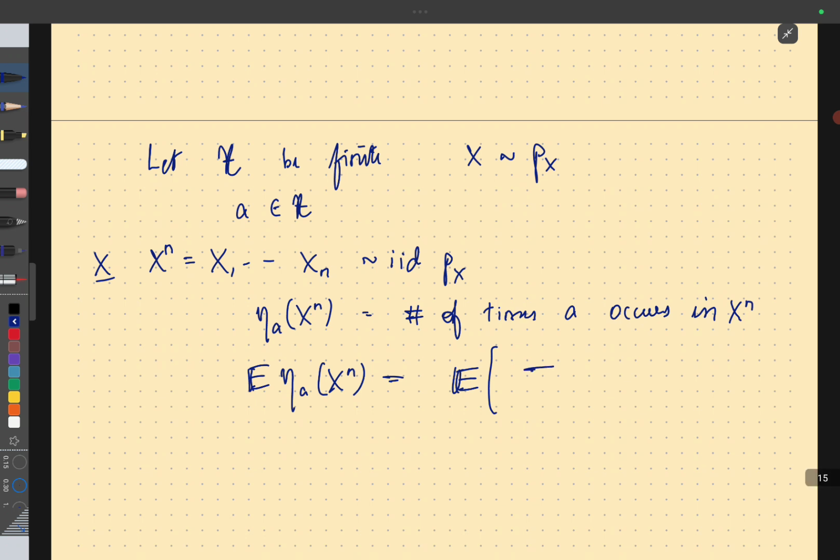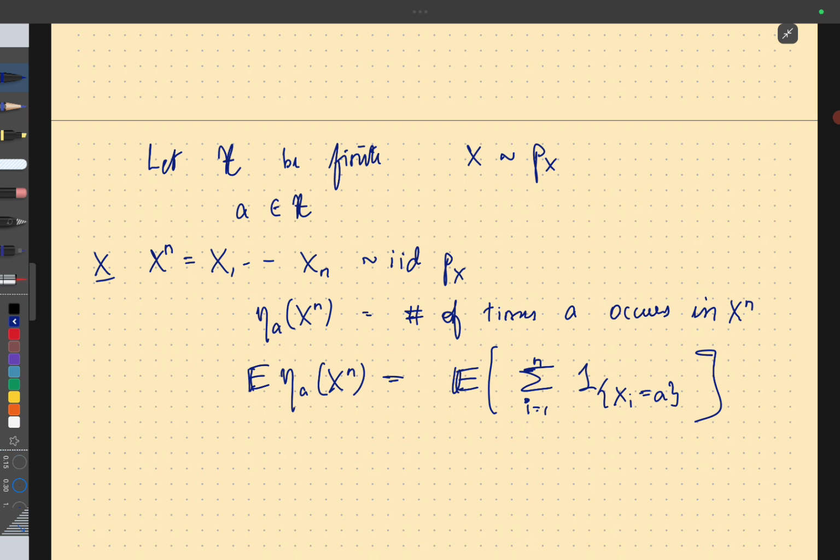I can write this as summation i equal to 1 to n, indicator that xi is equal to A. So I'm counting a 1 every time xi is equal to A and a 0 if it is not equal to A. You can very easily convince yourself that this quantity inside the parenthesis is exactly eta A of xn.